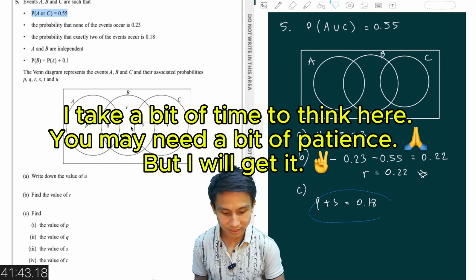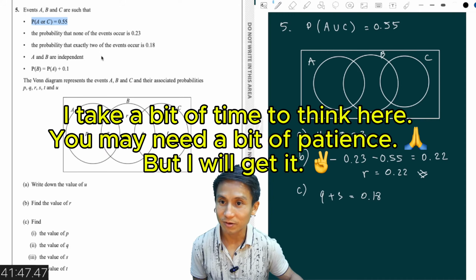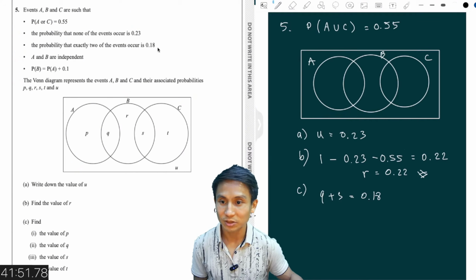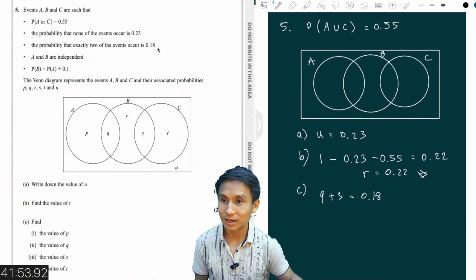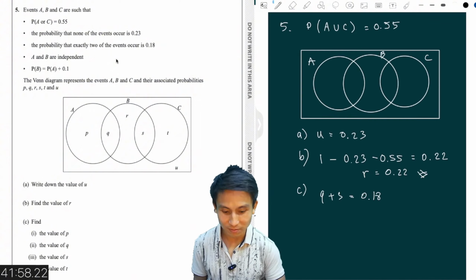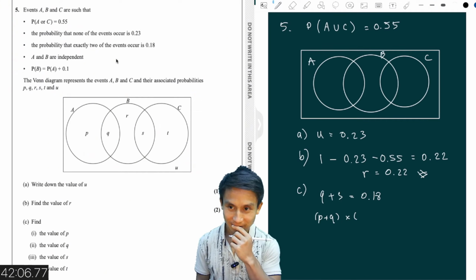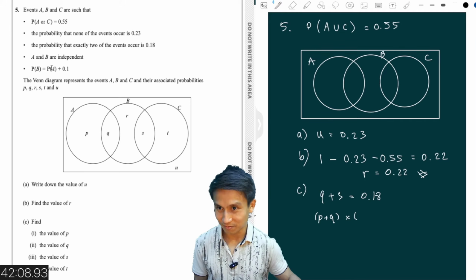Q plus S here is 0.18, the probability of exactly two occurring. Yeah, that's Q plus S. But then A and B are independent. So that means P(A), which is P plus Q, times P(B), which is P(A) plus 0.1, right?